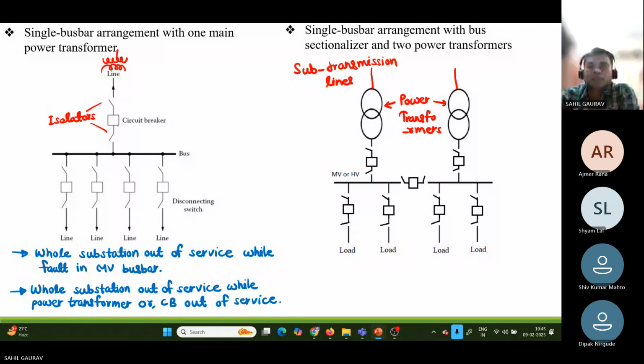Now, how are the primary feeders designed based on the load density? Primary feeders located in low load density areas, meaning rural areas, are restricted in length and loading by permissible voltage drop rather than thermal limits. Whereas primary feeders in high load density areas, for example industrial and commercial areas, may be restricted by thermal limitation.